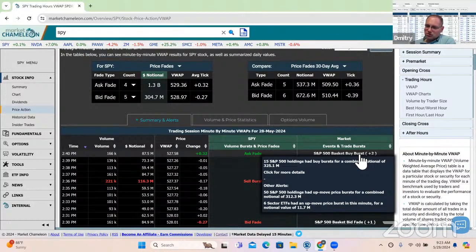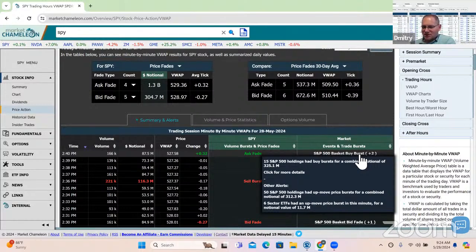So you could see here just that minute alone, it could explain why everything faded, because the stocks and the sectors within the S&P 500 were experiencing those buy bursts. So that fade would make sense because these are all related instruments.